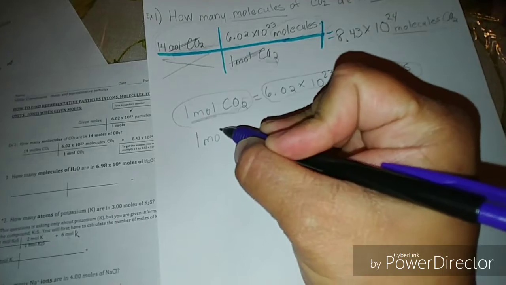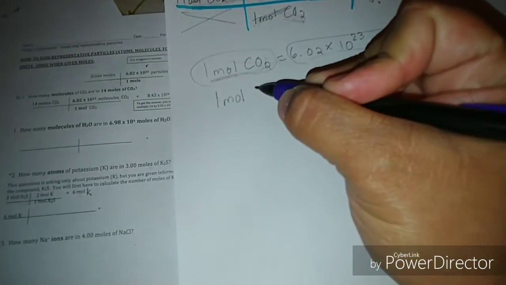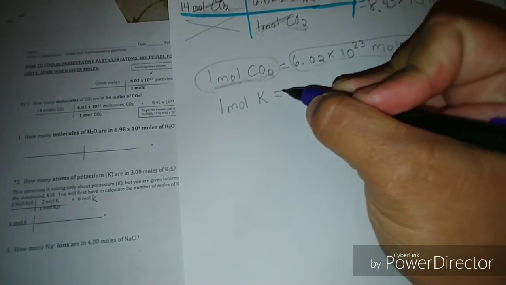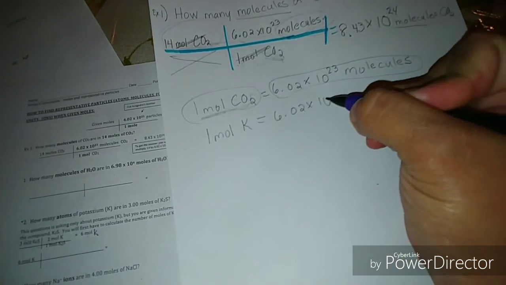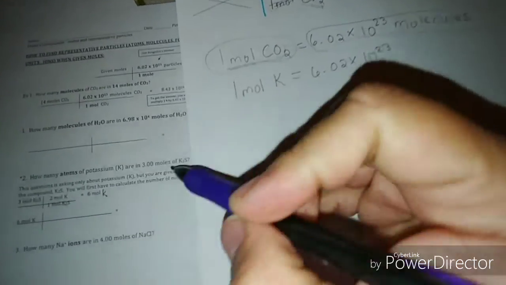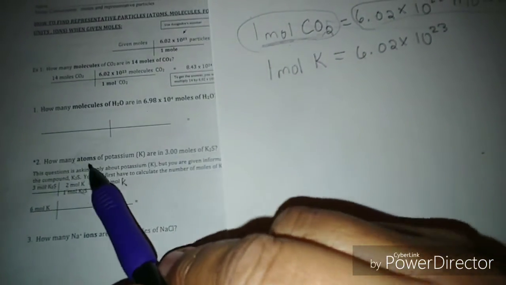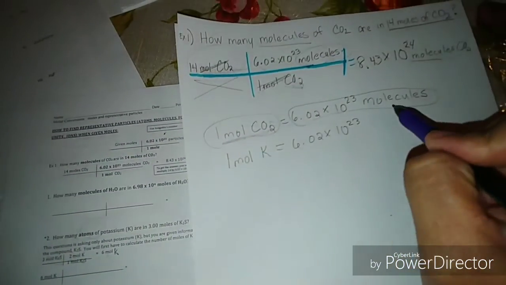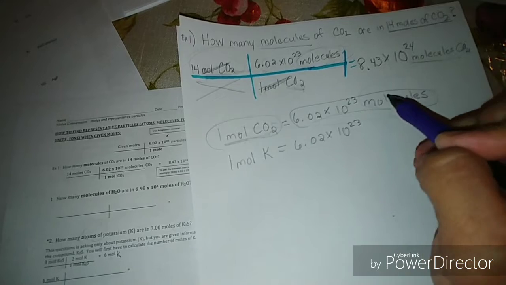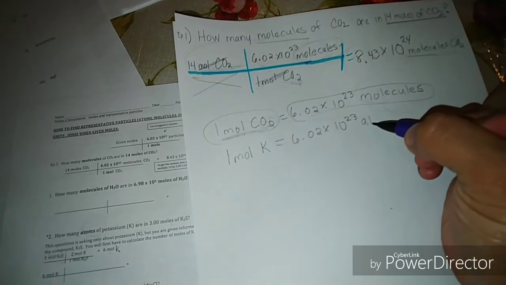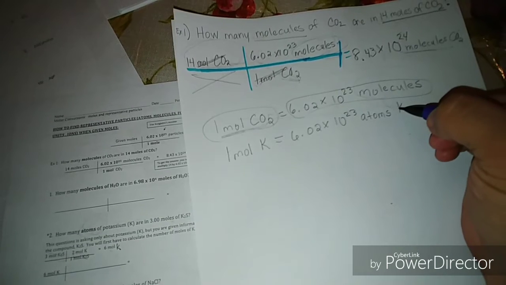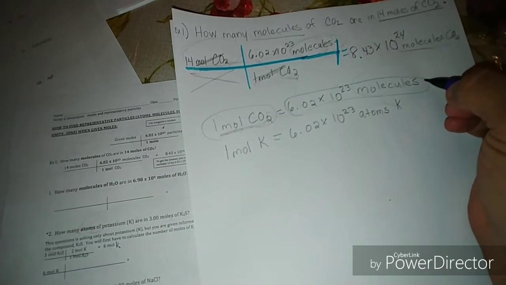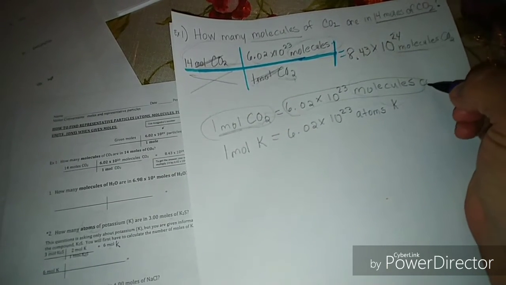So 1 mole of potassium is equal to 6.02 times 10 to the 23rd. And notice that now the magic word here is atoms. So unlike the previous example we used molecules, we're going to use atoms here. And I can go ahead and put atoms of K, just like I could have put atoms of CO2 in this previous one.